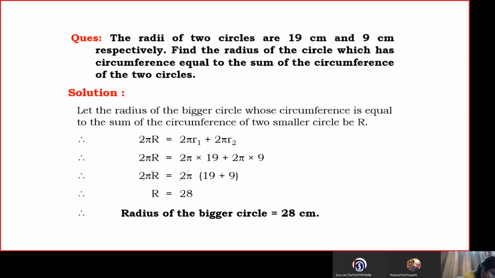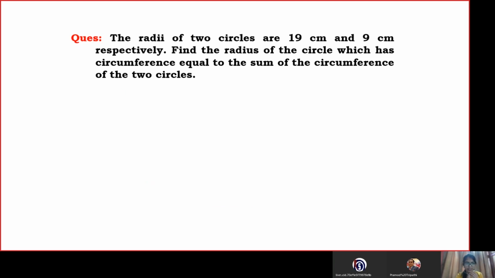Okay. Now, there is a question that was asked as a doubt. I would like to clarify that here only, since we have understood the formula. Now, the question is, a circular flower bed is surrounded by a path 4 meters wide.